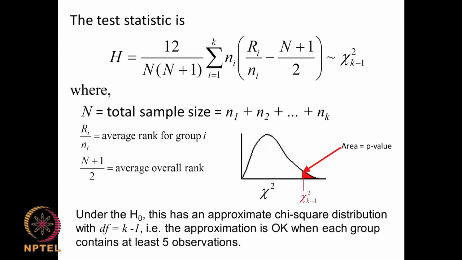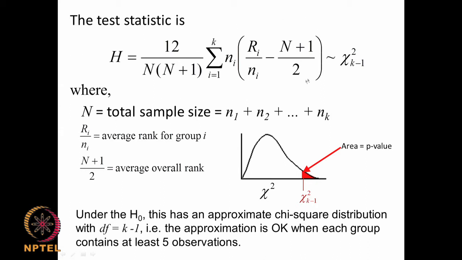Let us look at a problem. Before that, this is the test statistic: 12 divided by n times (n plus 1), where n is the total sample size. If we have many groups, each having sample sizes n1, n2, up to nk, we add them all up and that gives you n. Then we have a summation from i equal to 1 to k of ni, the number of samples in the ith data set, times (Ri by ni, the average rank for group i, minus (n plus 1) divided by 2), squared.